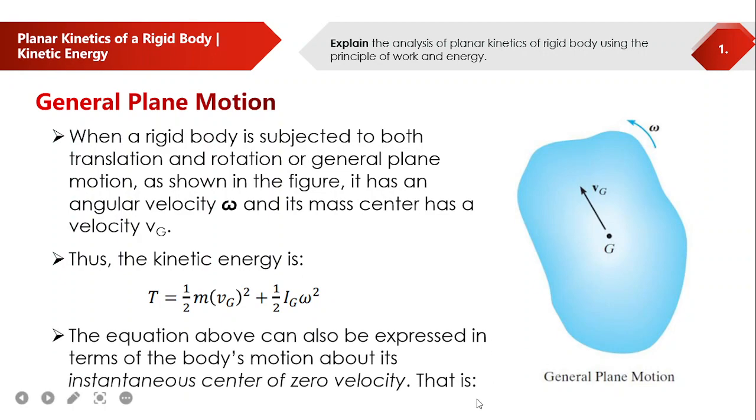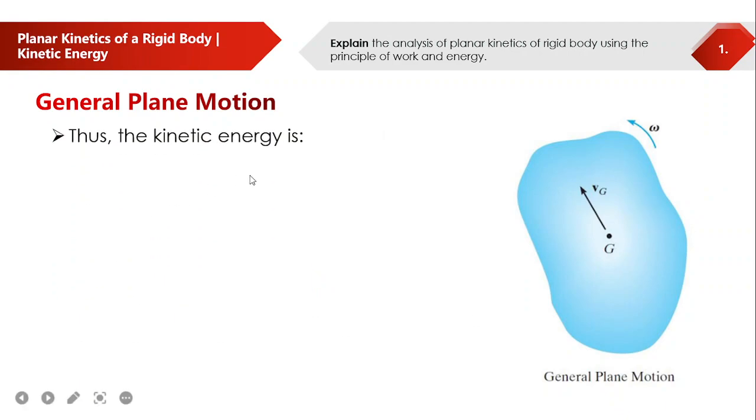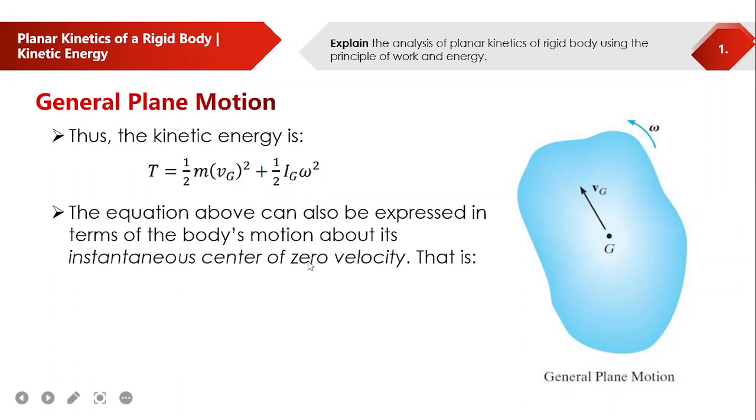Okay? So the equation above can also be expressed in terms of the body's motion about its instantaneous center of zero velocity. Na-discuss na natin to sa lesson 7, part 1 at part 2. Anyways, ang kinetic energy lang niya is 1/2 of I sub IC omega squared.